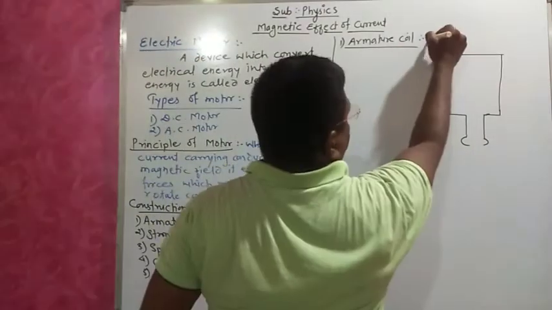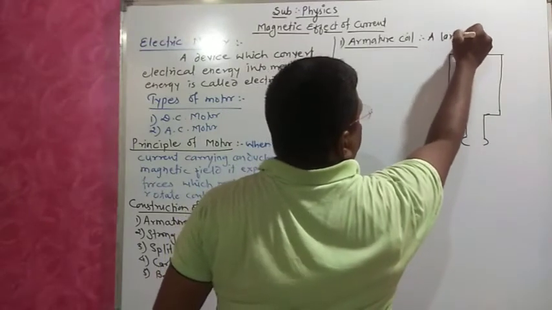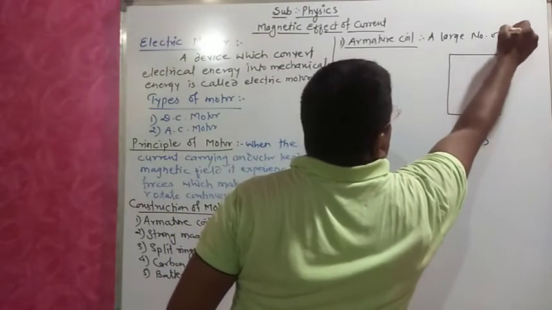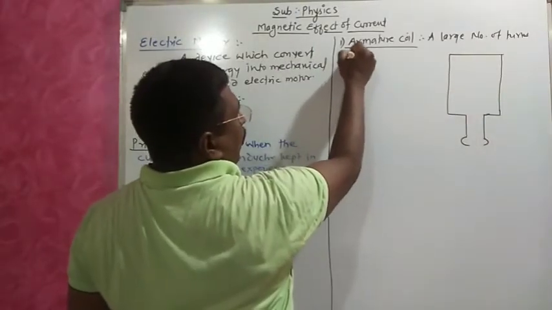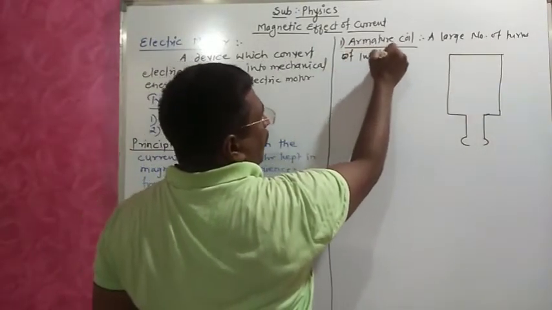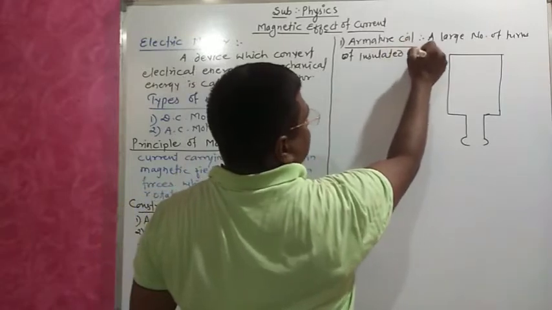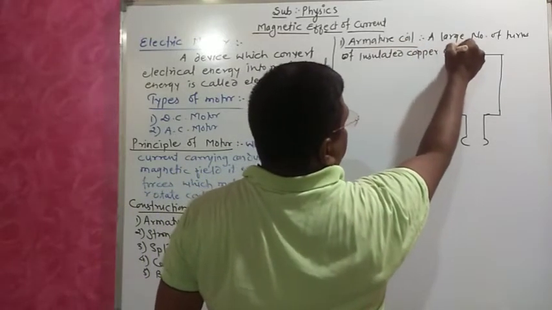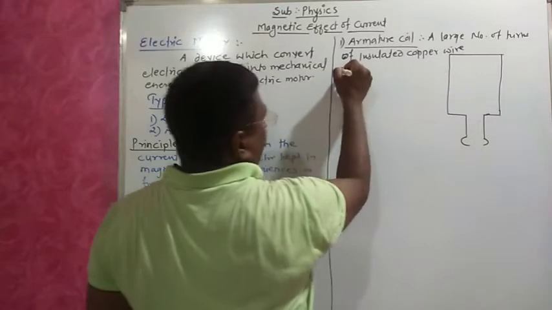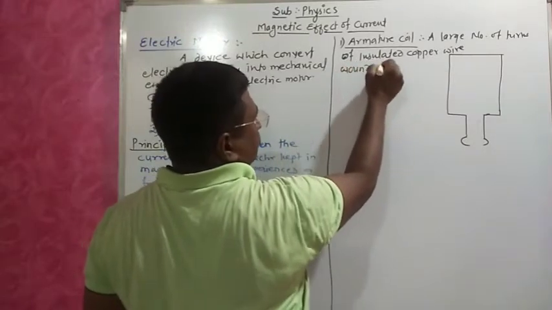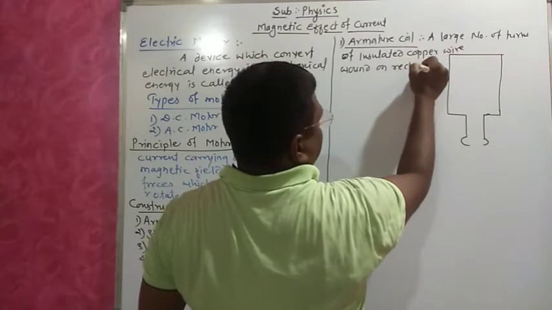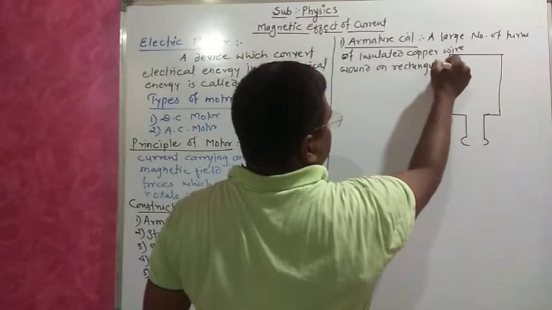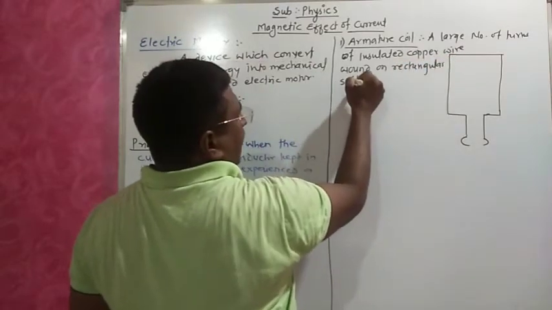A large number of turns of insulated copper wire wound on a rectangular soft iron core.